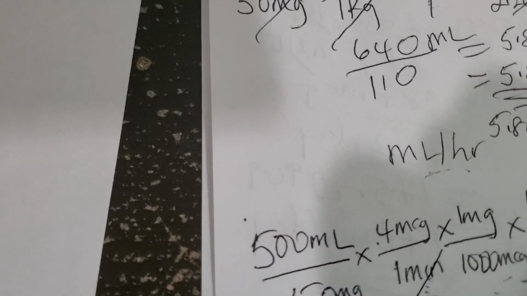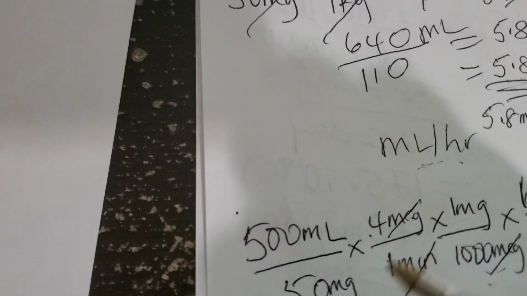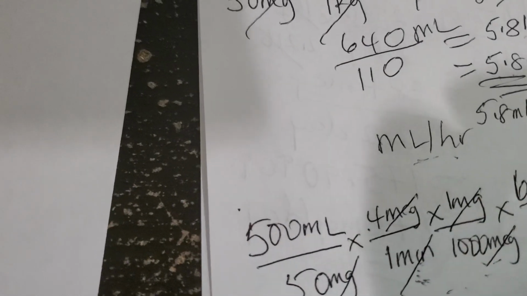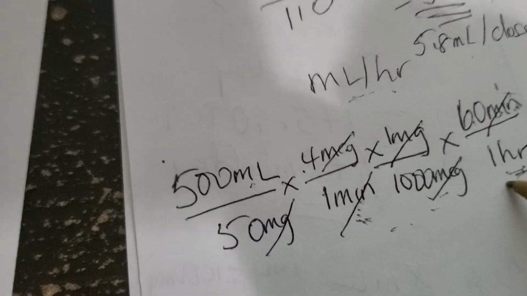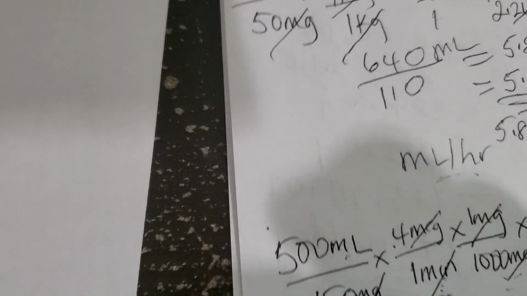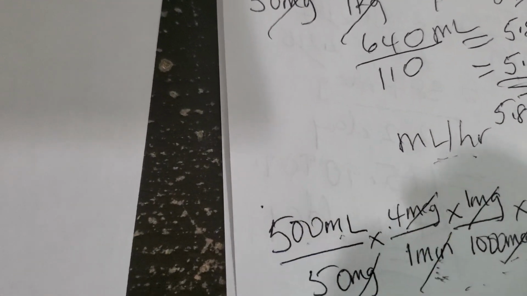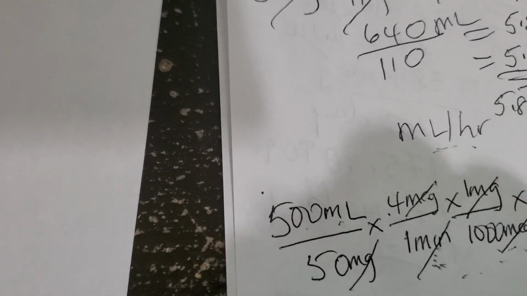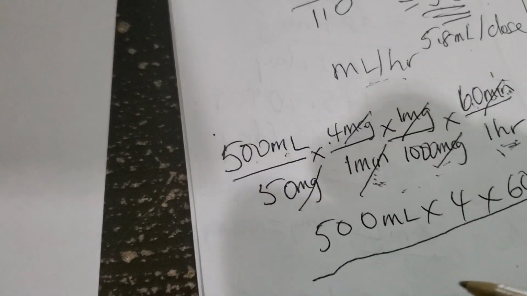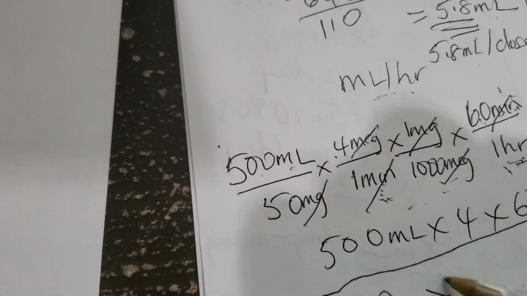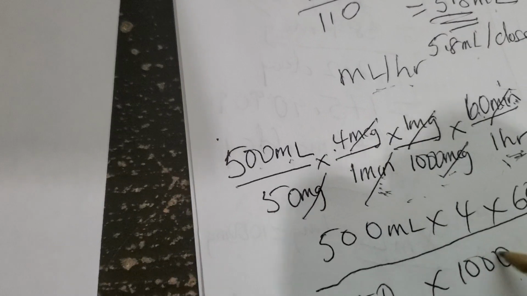Minute will cancel minute. Microgram will cancel microgram. Milligram will cancel milligram. We are left with ml and then this hour at the bottom. So 500 ml times 4 times 60 is what we have at the top now. And then we have 50 times 1,000.